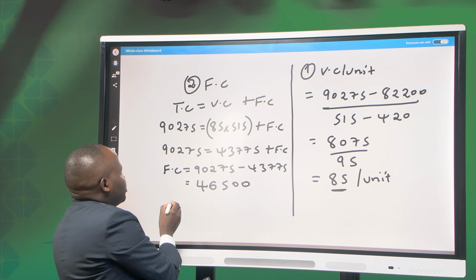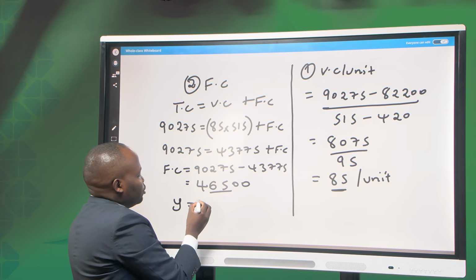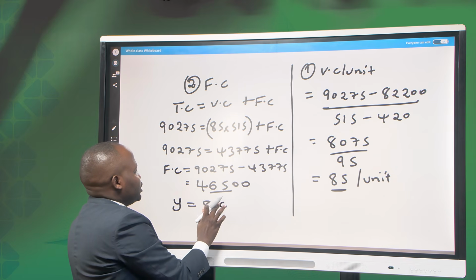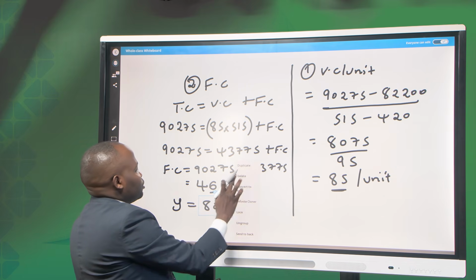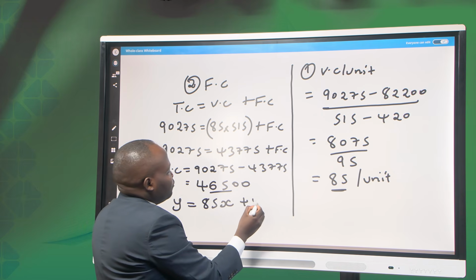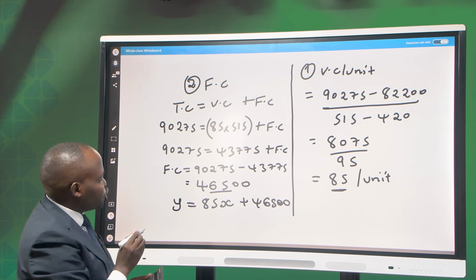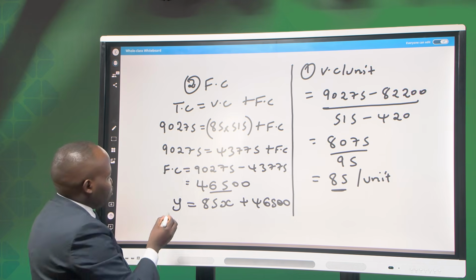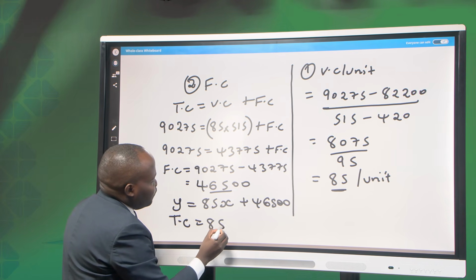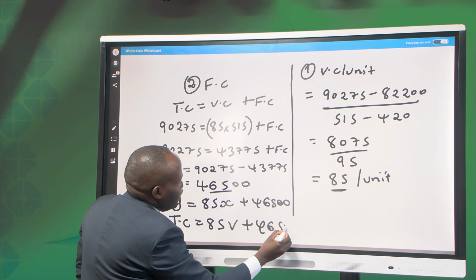So it gives us a fixed cost of 46,500. And the equation is y is equals to 85x plus 46,500. Remember, x was valuations, y was total cost. So total cost was y is equals to 85 valuations plus 46,500.